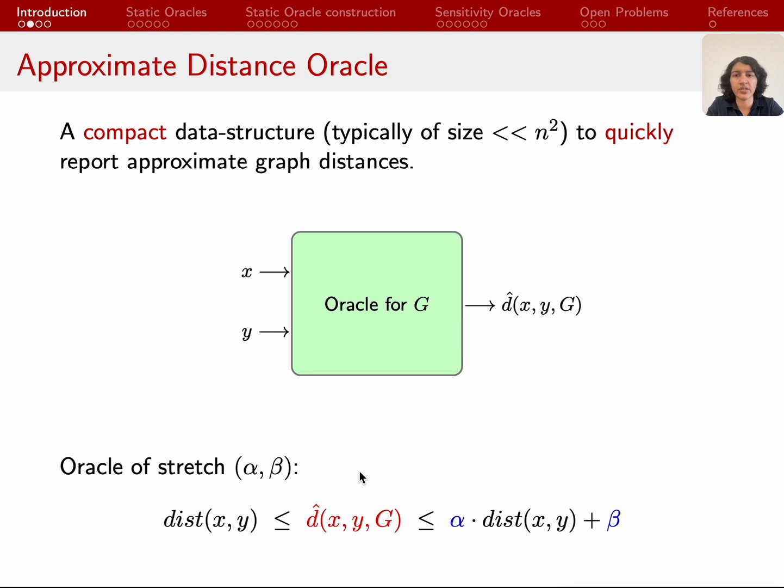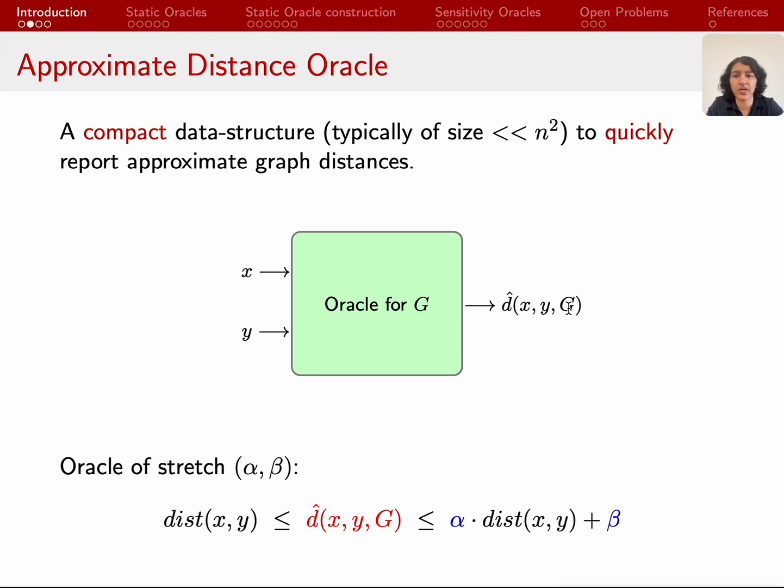What we are interested in is computing an approximate distance oracle, which is a compact data structure, typically of size much smaller than n square, where n is the number of vertices in the graph. And given any query vertex pair, say x and y, the oracle should be able to report the approximate distance between x and y in the graph G.